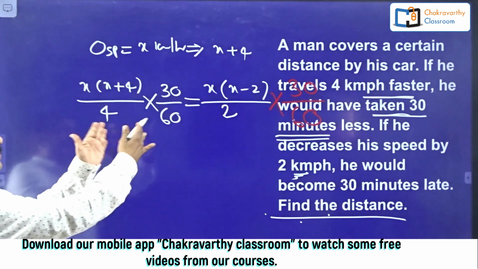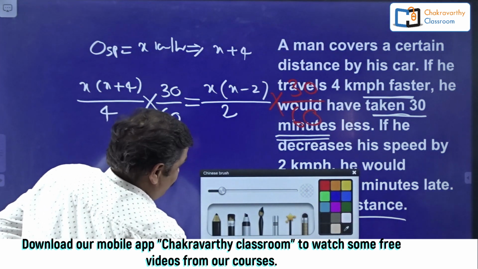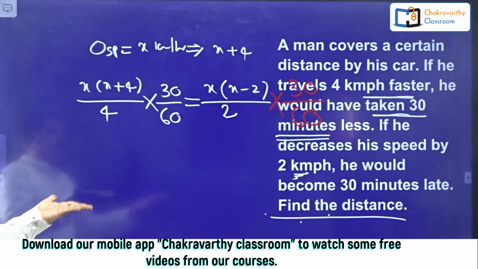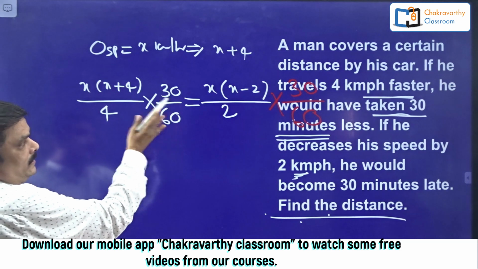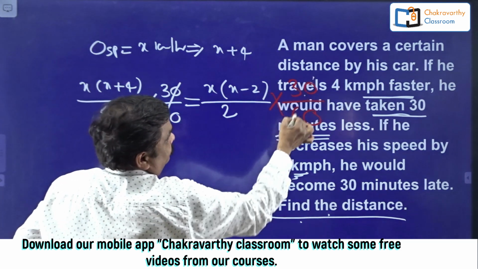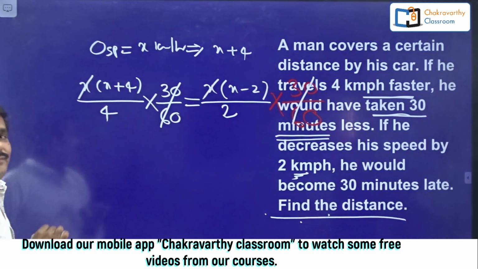Now just go for the simplification. Students have to do the simplification as quickly as possible. How to simplify this equation? 30 by 60 on LHS and RHS cancel. x and x cancel.